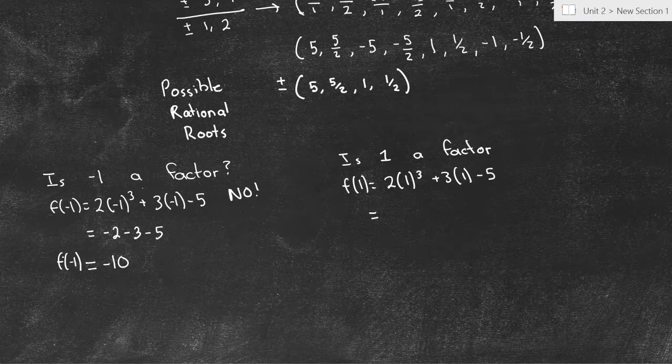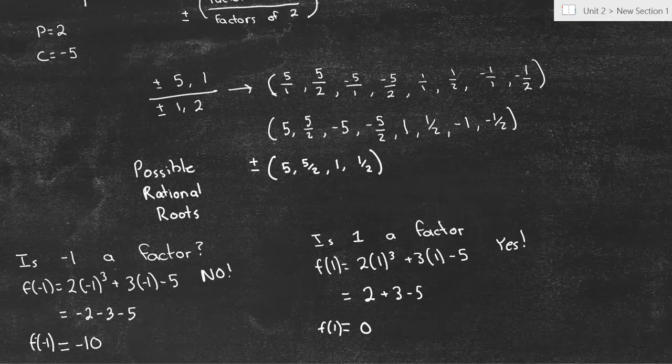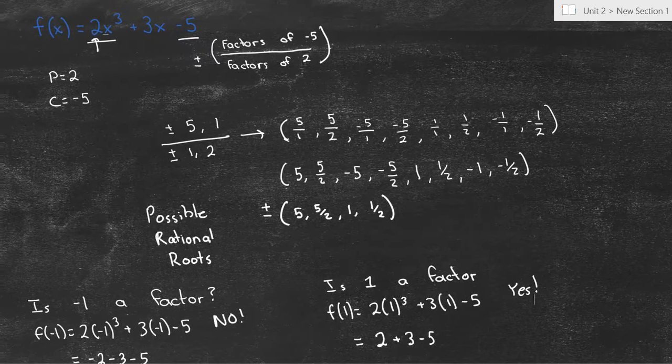So that equals 2 times 1 cubed is just 2, plus 3 times 1 is just 3, minus 5. Well, that's going to be 5 minus 5, which is 0. So f of 1 equals 0. So is 1 a factor? Yes. That is a rational root of this function. So that means it's a zero. That's why we can plug it in, because roots are the same as zeros. They mean the same thing.